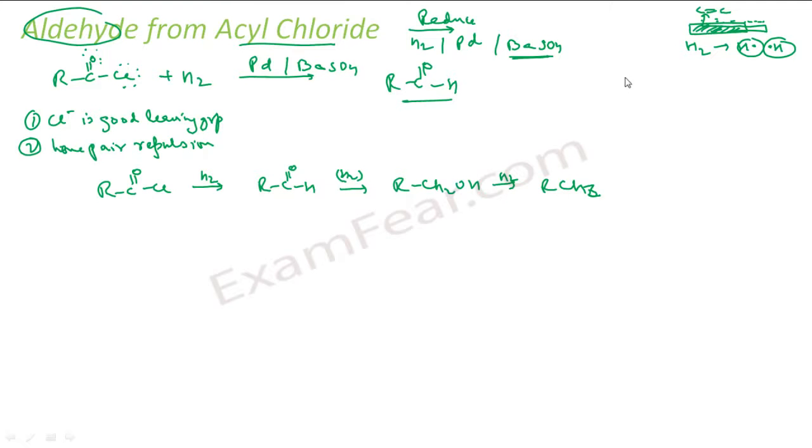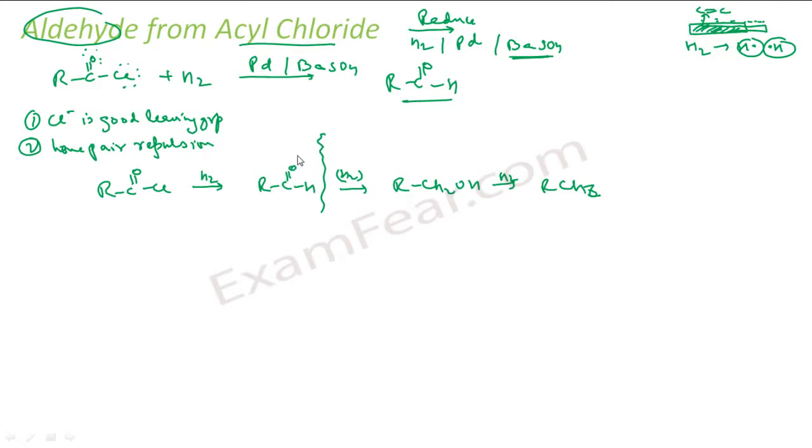So once you poison it, the capability of this palladium metal in presence of hydrogen to reduce the particular compound is less, right? So it can only do this much reduction. After that, it will not be capable of doing it, correct? So that is the reason why we poison it. If you don't poison it, the reduction will happen further and it will become alkane. We want to stop here.